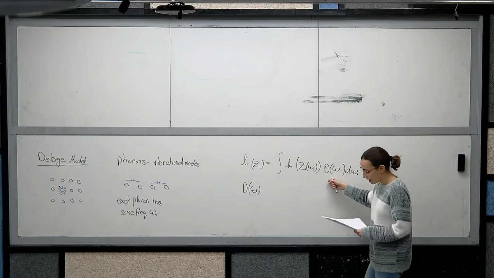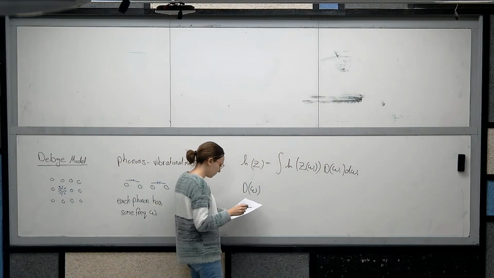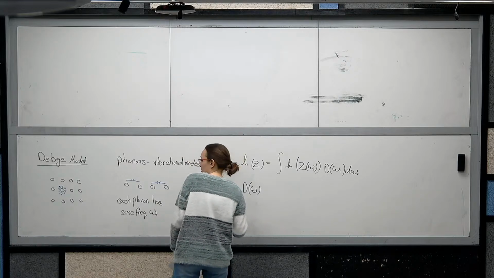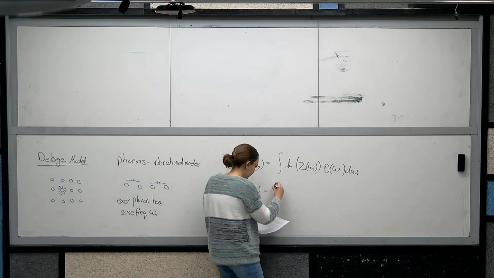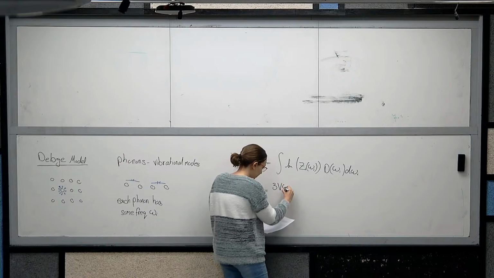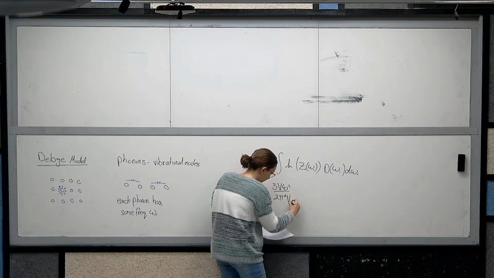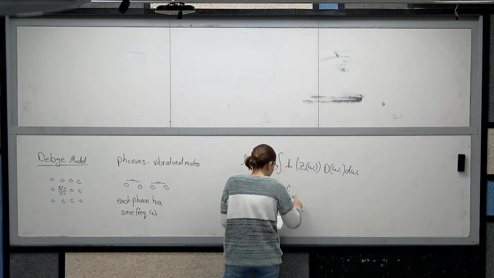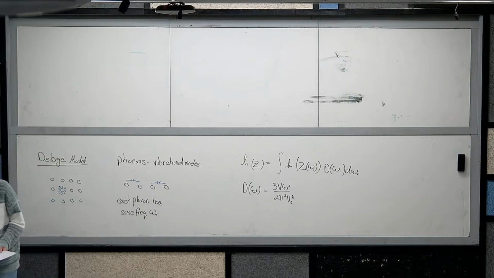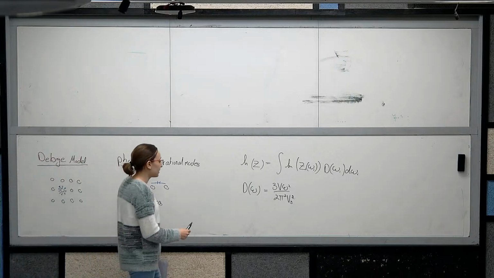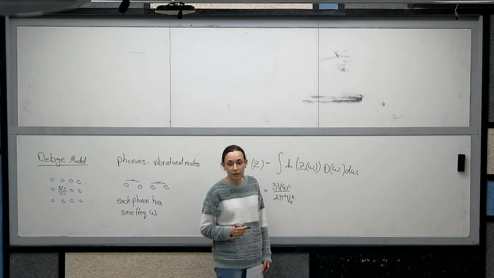Okay, so this density of states for the Debye model is given by 3V omega squared divided by 2 pi squared vs to the third. What is V?